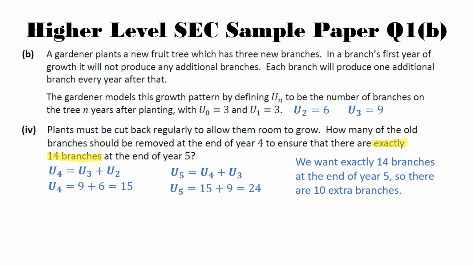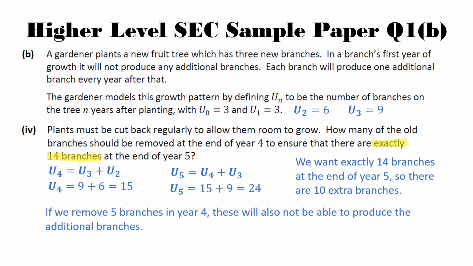Now, your gut instinct might be to say, okay, great, we get rid of those 10 branches. However, we need to take into account that we're cutting at the end of year 4, so we need to look at U4.